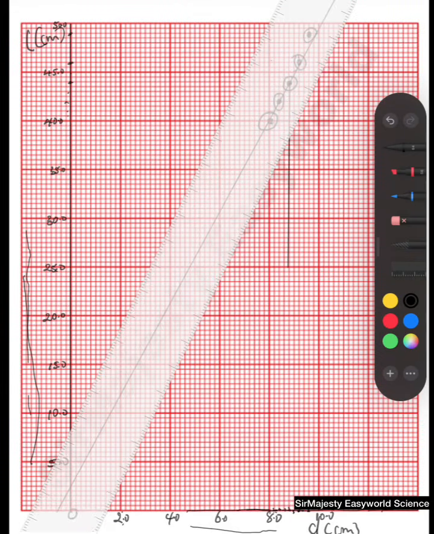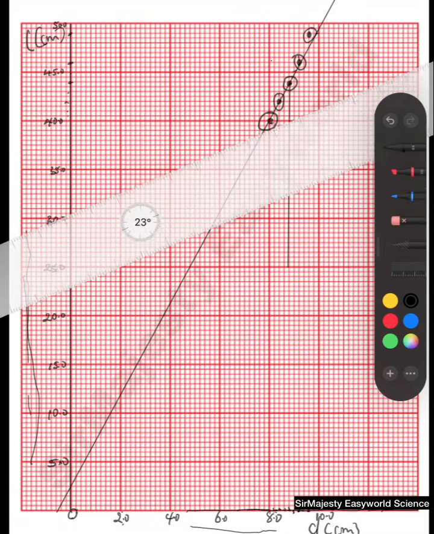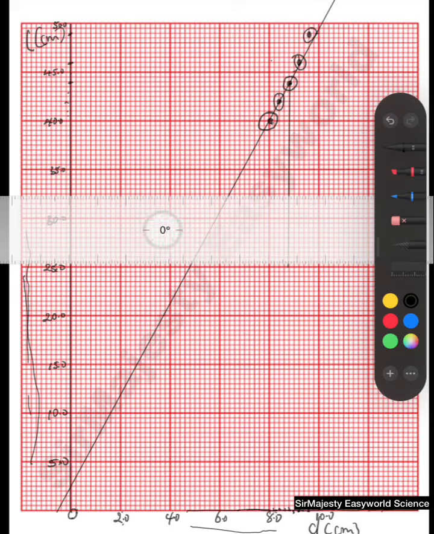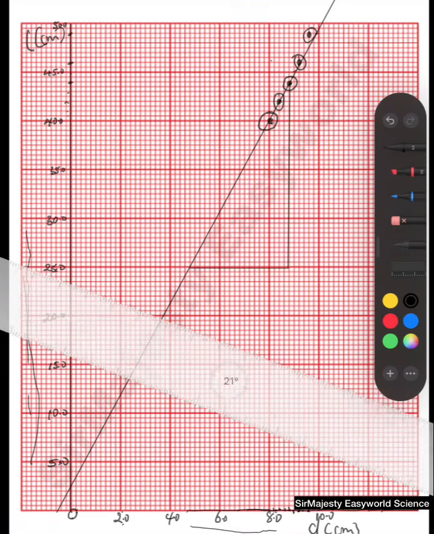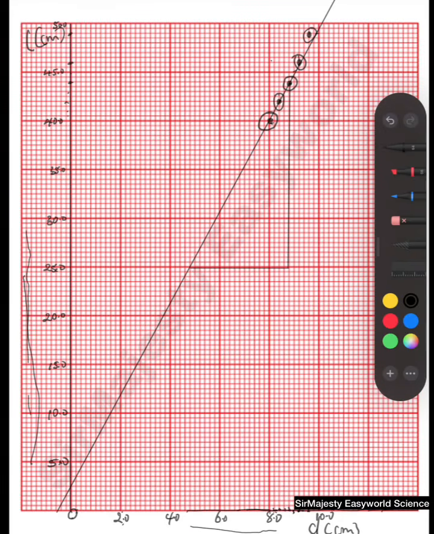I can stop here. Then go this way. Then from here, make it 0. Then come like this. Then you draw your slope large. Then start calculating your slope.